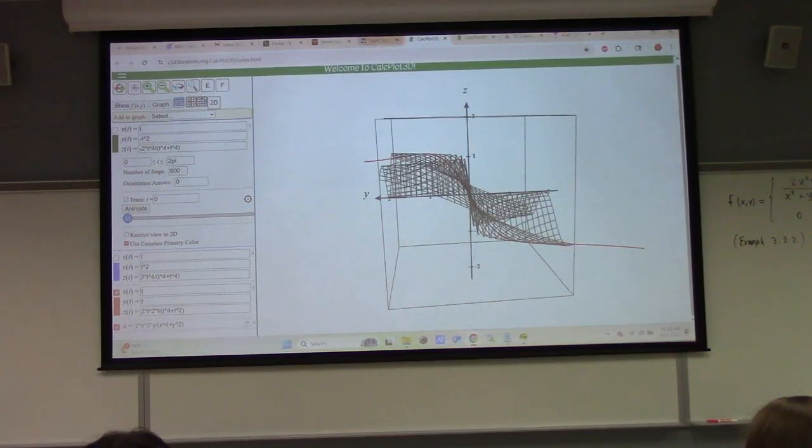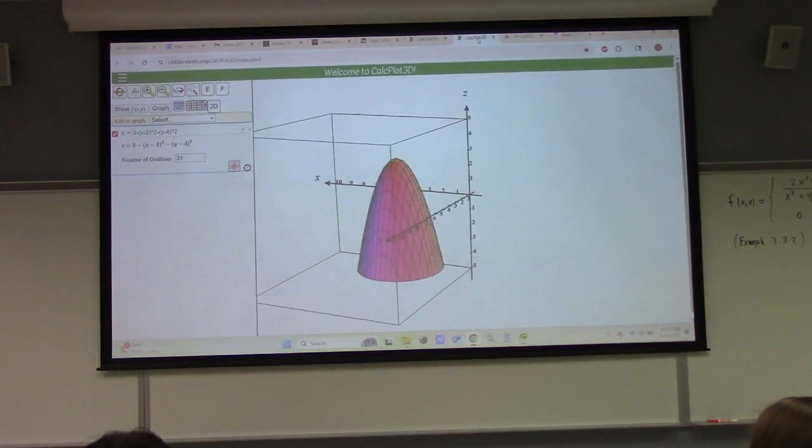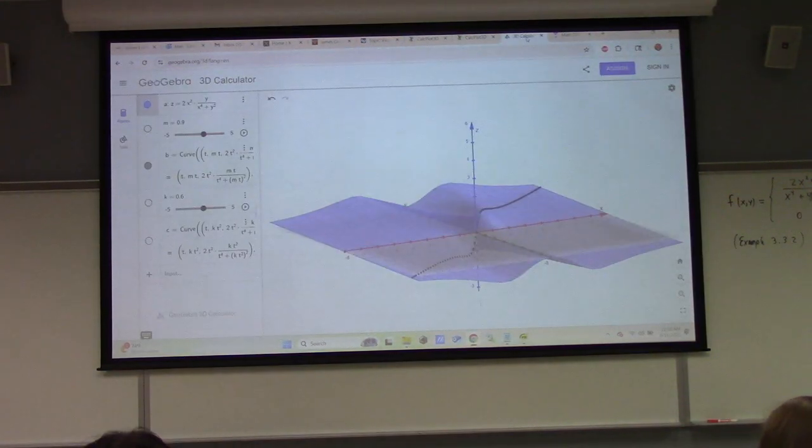If you don't like this one, you could also play around with this GeoGebra 3D grapher, which is also good.